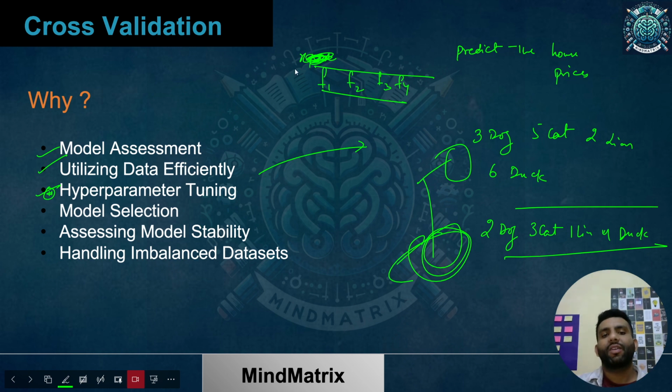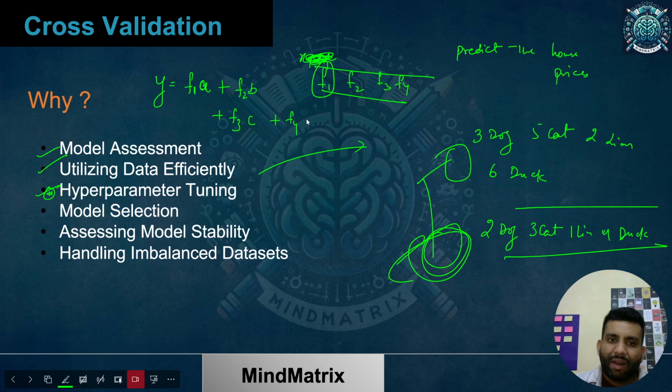For example, let's suppose y is the house prices you are predicting, and you want to say the value of f1 times some parameter a, plus f2 times some parameter b, plus f3 times some parameter c, plus f4 times some parameter d. So let's suppose this is the kind of equation you want to use to predict.